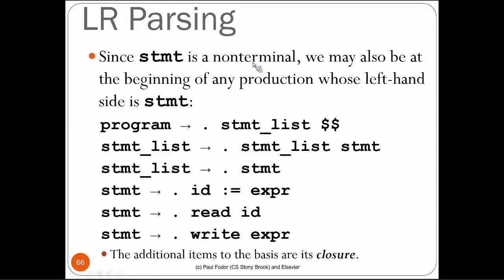Since statement is a non-terminal, we may also be at the beginning of any production whose left-hand side is a statement. So basically, we could be at the beginning of a statement that is an assignment, a statement that is a read, and a statement that is a write. At this point, we do not have any more non-terminals that are right at the beginning of the current statement. So this set of augmented production rules is called the LR closure for the current state of the parsing.